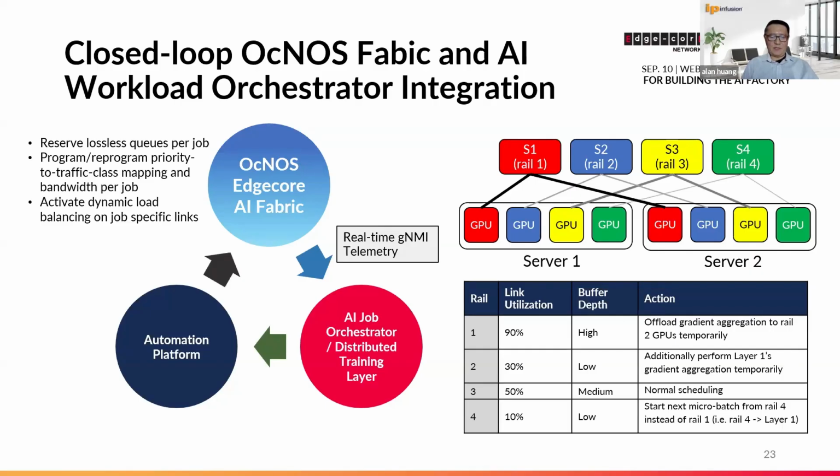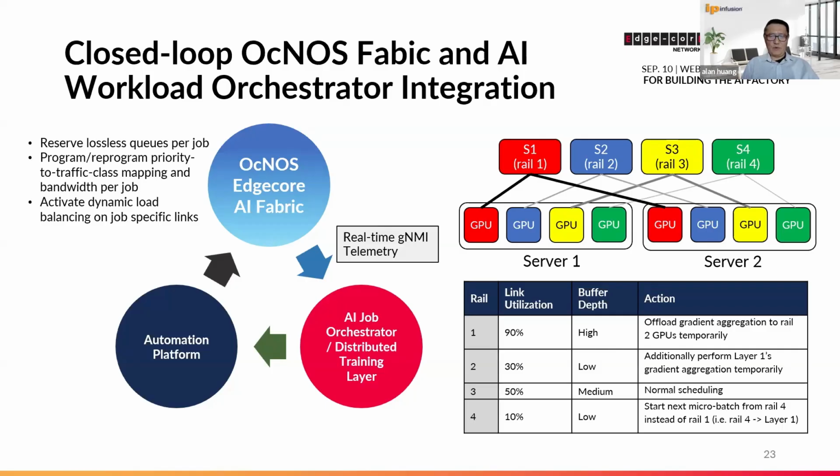In this AI fabric illustration, the training layer can respond to telemetry showing heavy congestion on rail 1 by offloading some of the processing, such as gradient aggregation, to CPUs on rail 2 temporarily.